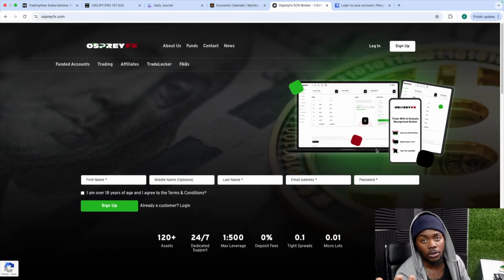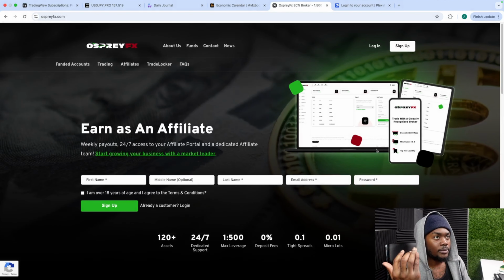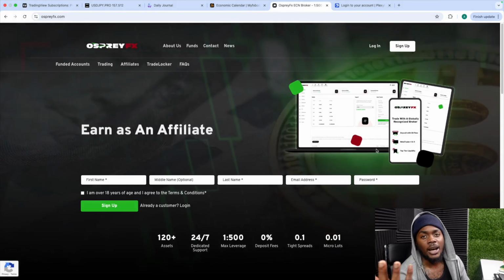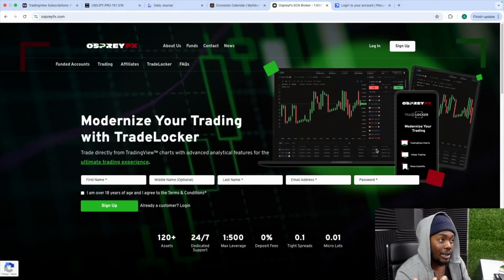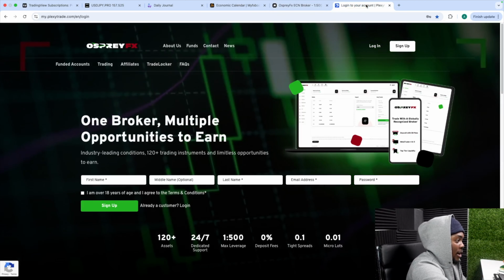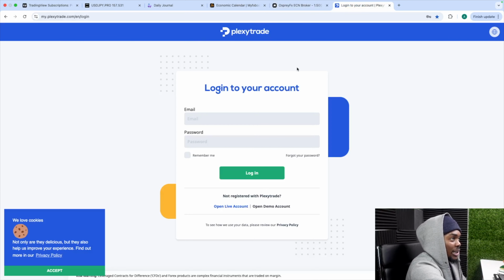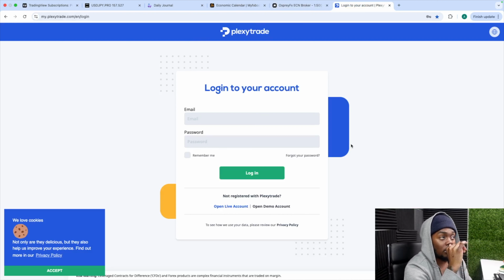If you're looking for a little bit more peace of mind, a broker that utilizes MT4, then this is my next screen here, which is PlexiTrade. PlexiTrade still has a license to use MT4, and if you're familiar and comfortable with MT4, another app where we actually enter our trades, you can look it up in the Apple Store: M as in Mary, T as in Tom, and the number 4.